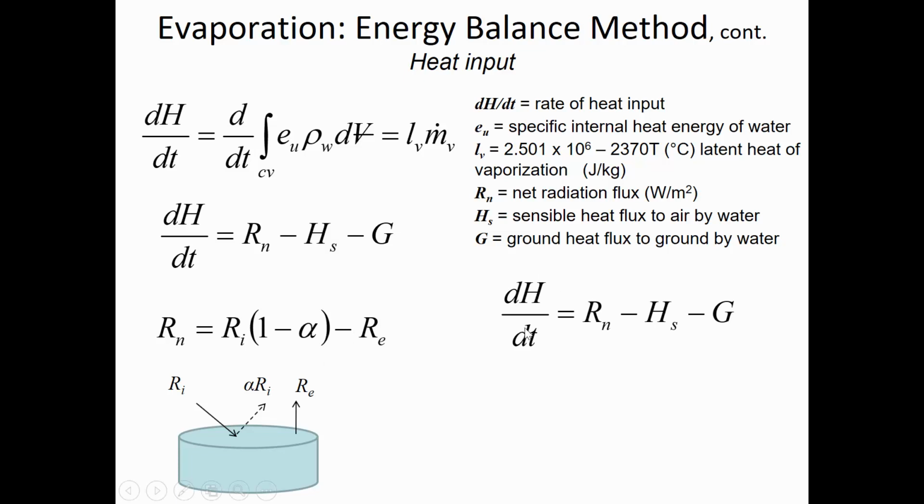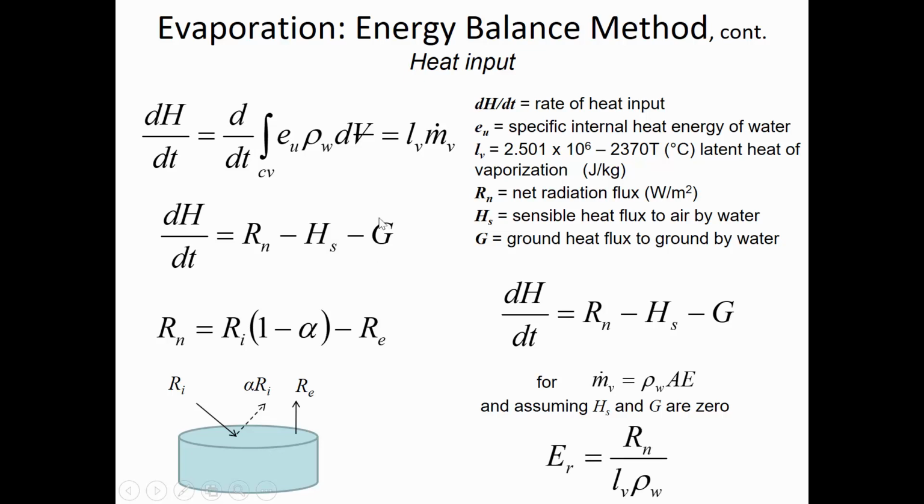So dH dt is the rate of heat that's going into some mass of water. And we said it was heat that was driving evaporation, and so the rate of heat that's coming into the water is going to be the net radiation minus those other factors. And what we can do is, assuming that we're not losing any heat to the air by the water, and we're not losing any heat to the ground by the water, then that is a pretty big assumption, but it's true for out in the open water.